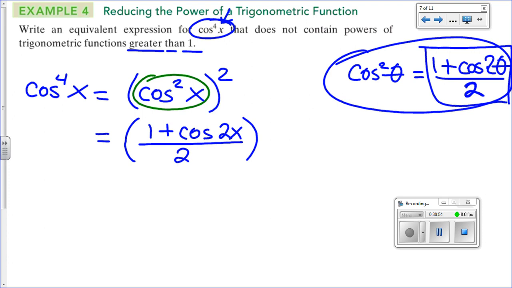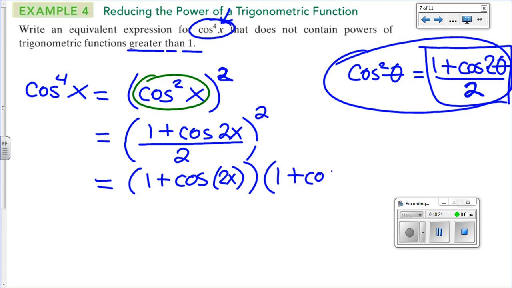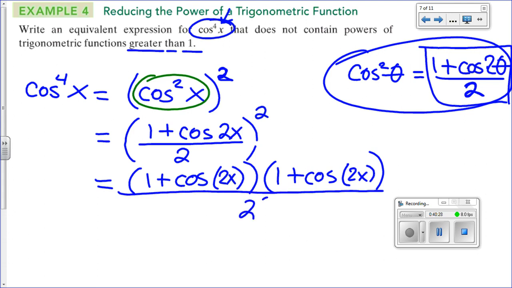But remember, we still have the square here. So what we're going to do now, instead of substituting twice, is this: 1 plus cosine of 2x, squared. That means that we multiply that by itself, right? And we also do that with the denominator, so 2 squared.